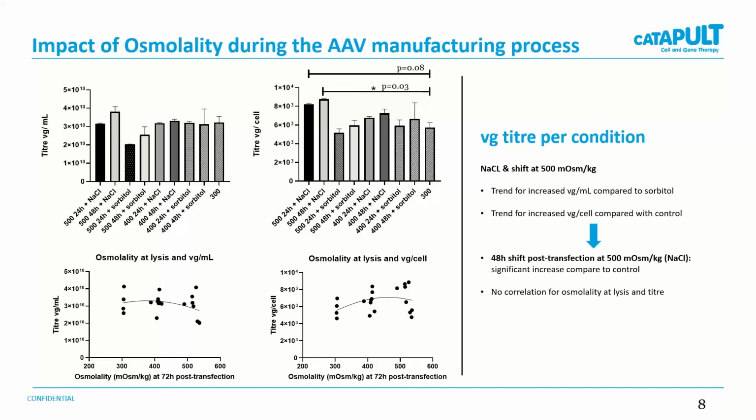And we saw a trend for an increase in titer when using a shift with sodium chloride at high osmolarity, so 500 milliosmol, compared to the use of sorbitol. We also see a trend for an increase in specific titer when using the same condition, a shift with sodium chloride at 500 milliosmol, compared to the control.